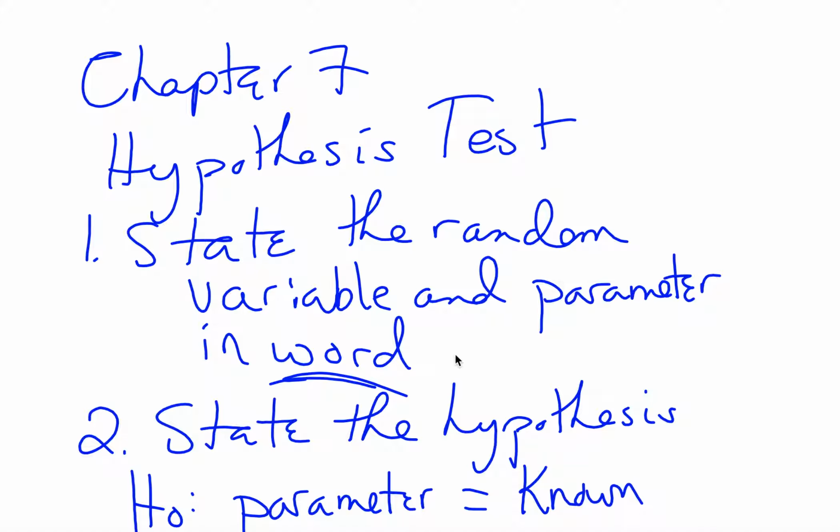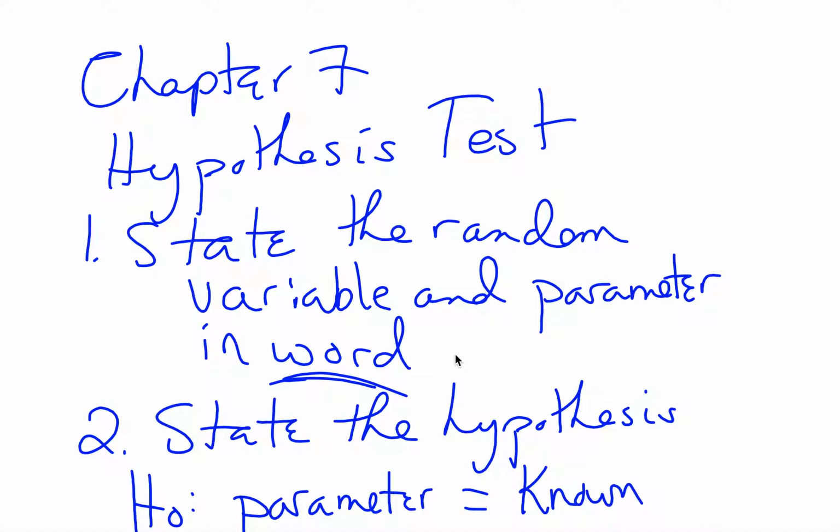The only 2 parameters that you know are the mean and the proportion right now. There will be more that you'll get later in the semester, but right now those are the only 2 parameters that you've been dealing with. The symbol for the proportion is p. The symbol for mean is mu.